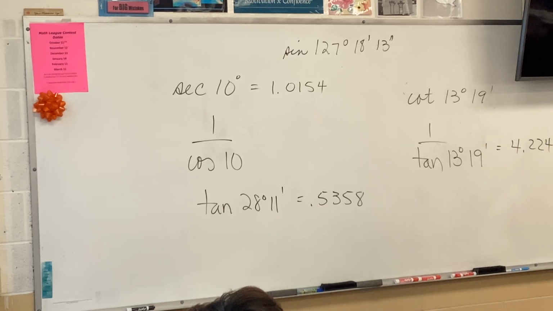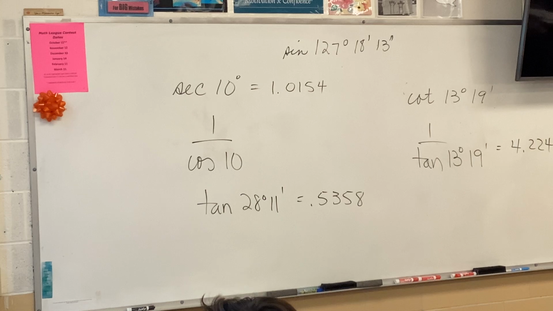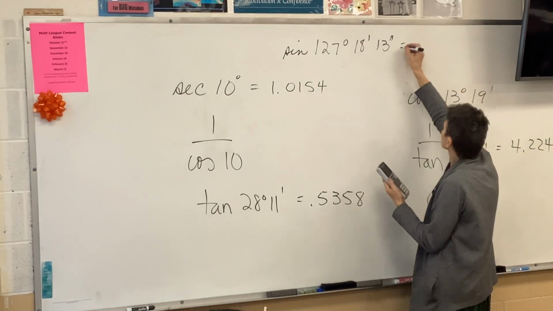So we're going to type sine 127 degrees. We only do 1 divided by if we don't have the button. As long as we have the button, we just type the button. So it's sine 127, 18, and then 13, alpha plus. I got 0.7954. Yep, 0.7954, that's exactly right, thank you.